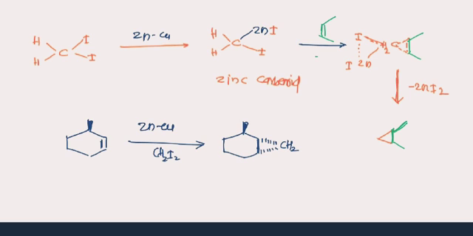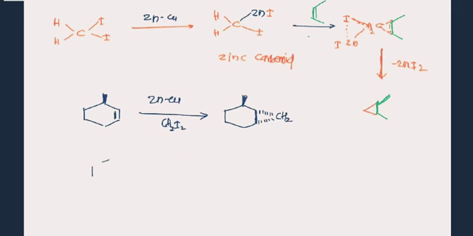But if any chelating group is present, then the cyclopropanation happens on the same side. Chelating groups are, for example, OH, OR, NH2, NR, and so on. We do the cyclopropanation on the same side.